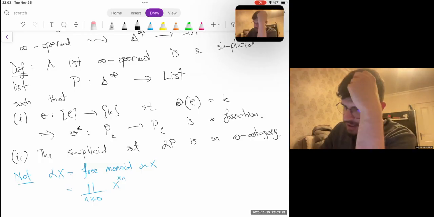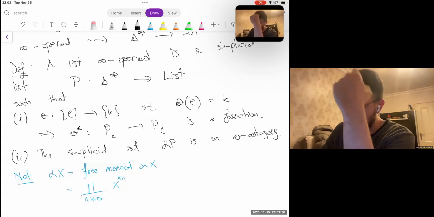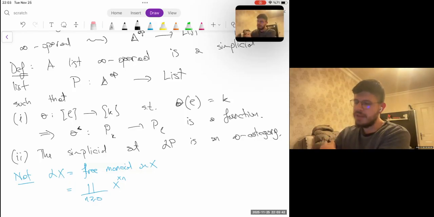And so this is our definition. Condition number one is a technical condition, but it makes the theory better. Condition two is fairly simple and is just based on the notion of infinity category.